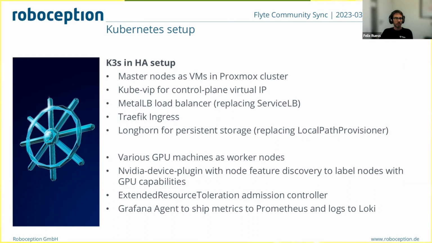And then usually K3S comes with an integrated load balancer called ServiceLB, which is really just a very simple load balancer, so to speak, for services. But for our case, we wanted to have something a bit more flexible.